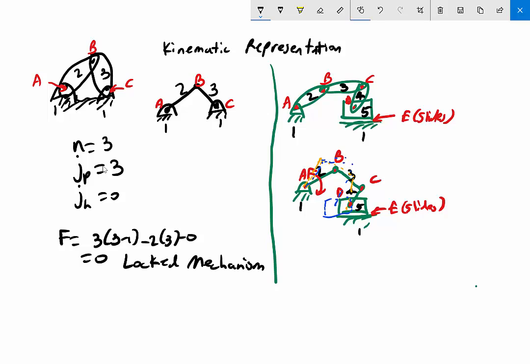So we said there's 5 links, 1 through 5. Primary joints, how many are pinned? 1, 2, 3, 4. I have 4 pinned, plus 1 prismatic, or slides. So it's equal to 5.